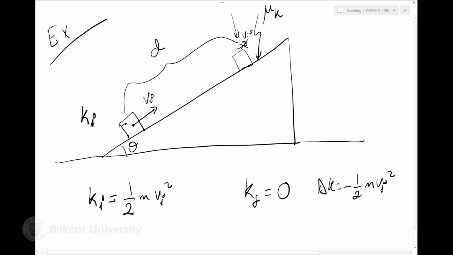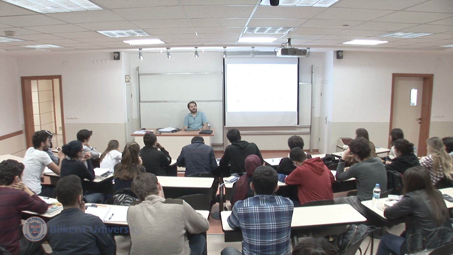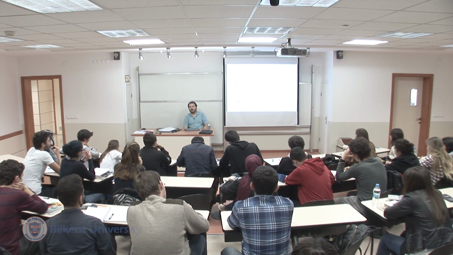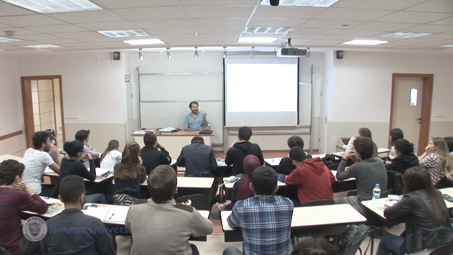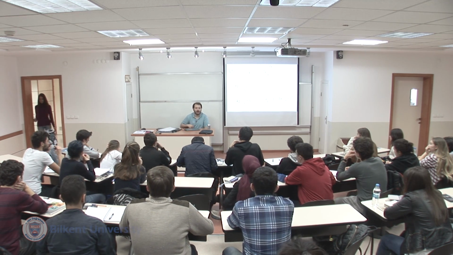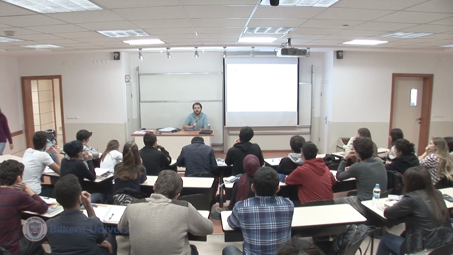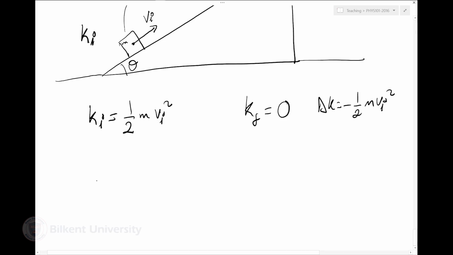Now, what are the forces acting on my mass? Throughout this motion, I actually have three constant forces acting on my mass. What are those forces? Well, I will have mg acting on it.